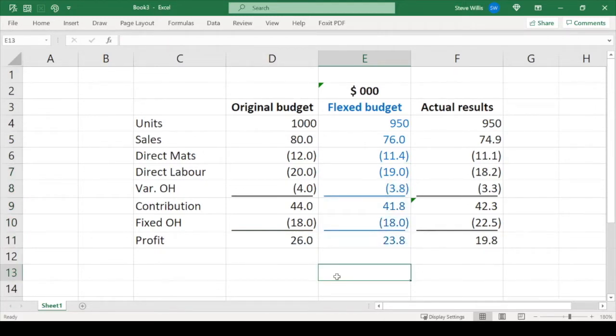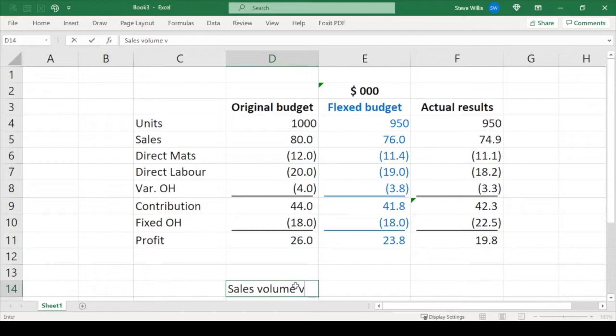Now we've produced a lovely statement comparing our original budget to our flexed budget and then with actual results. And we can make a high-level controlling report. Let's start with the sales volume variance. The sales volume variance, as you remember, is the difference between the budgeted profit and the flexed profit.